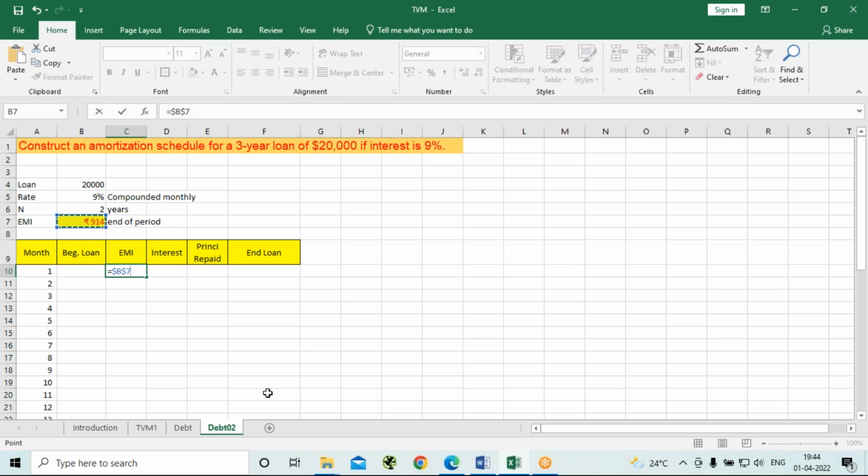Should I freeze the EMI amount or not? We should, because it has to be constant for all the months for the whole tenure. Yes, good. So if I take this value and freeze it and press enter, it will show a negative figure. And anything you calculate with a minus figure, will it give you a positive value or a negative value?